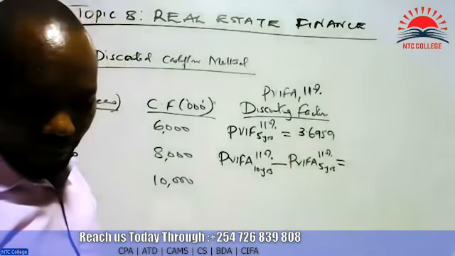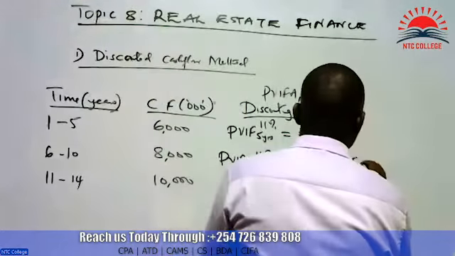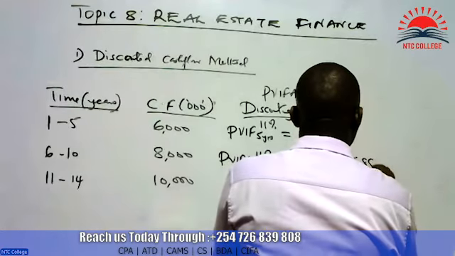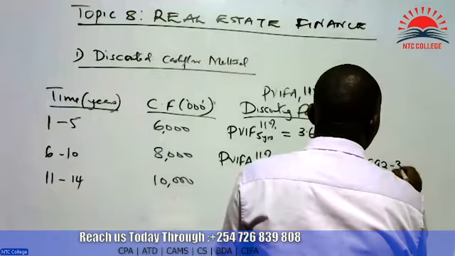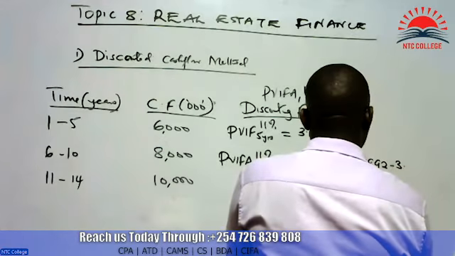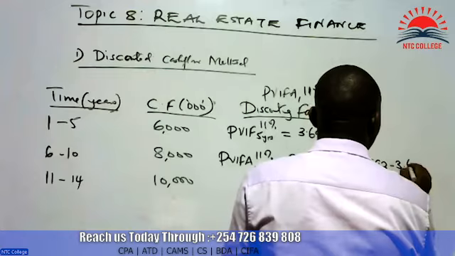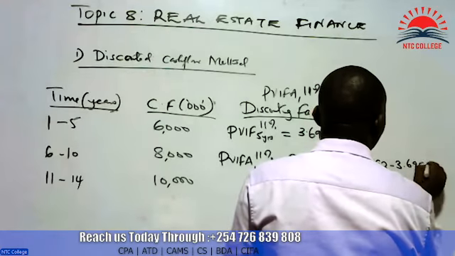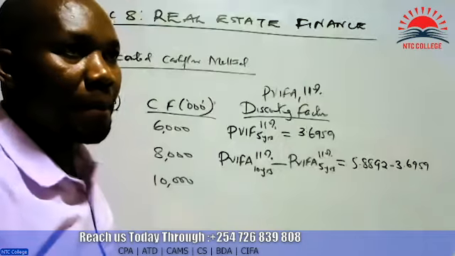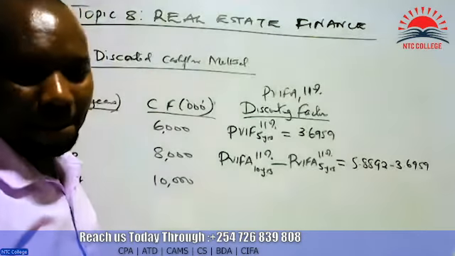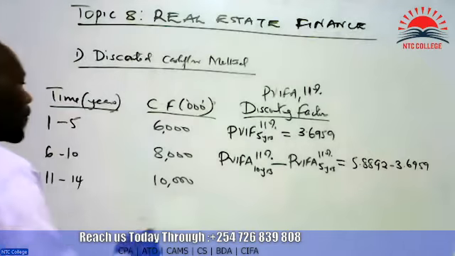So we're getting 5.8892, minus 3.6959, which is 2.1933.